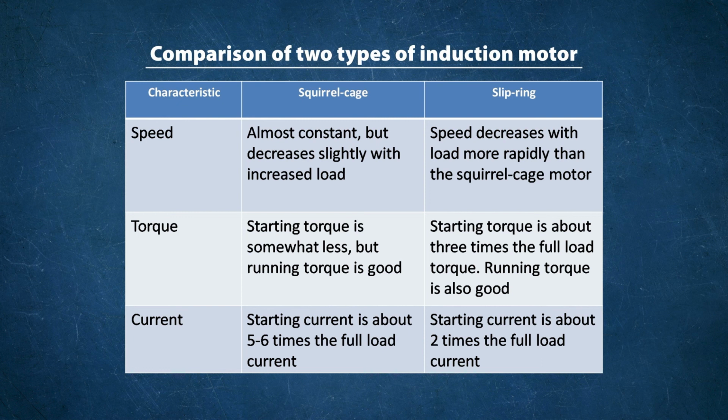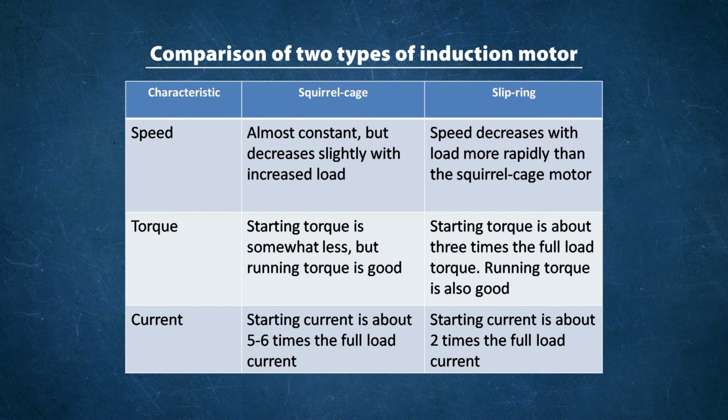The other important parameter is torque. Starting torque is somewhat less for the squirrel cage induction motor, but running torque is good, since most of the time we require the running torque. So in most of the industries, you will find squirrel cage induction motors, since the torque is good.